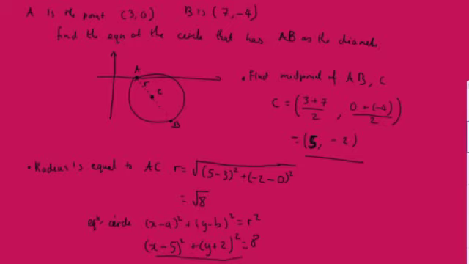So let's look more closely at this equation. x minus a squared plus y minus b squared equals r squared.